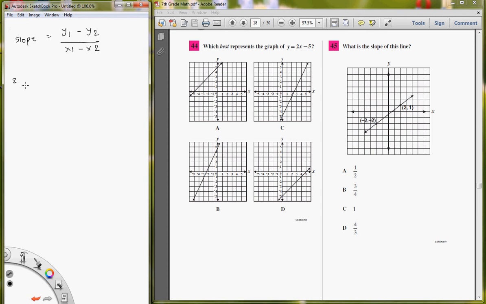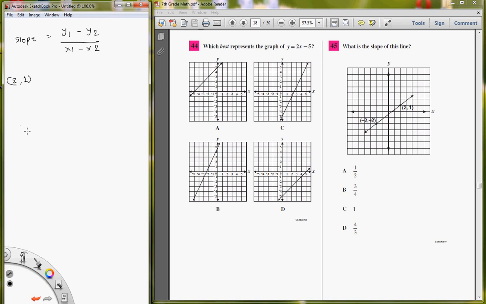We have two data points: this is x1, y1, and this is x2, y2. So x1 is equal to 2, y1 is equal to 1, x2 is equal to minus 2, y2 is equal to minus 2. That's what it shows here.